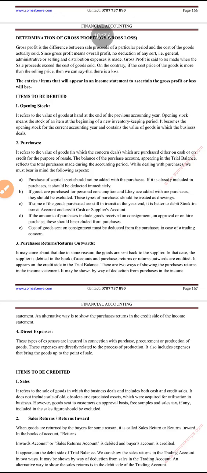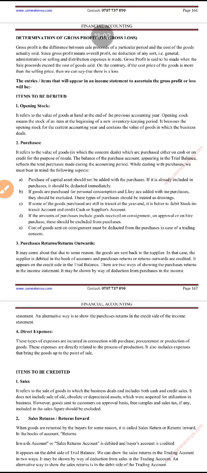So that is what we call return outwards. Then when we sell goods to our customers and the customer did not accept the goods and returns them back, they are treated as return inwards. Return inwards are added to purchases because they are increasing our stock.